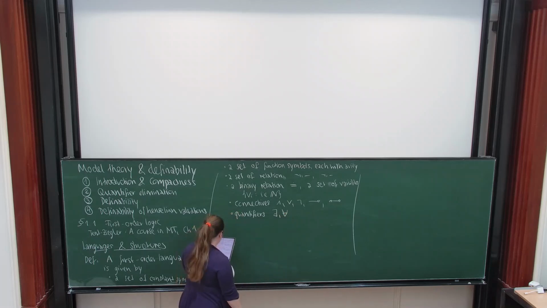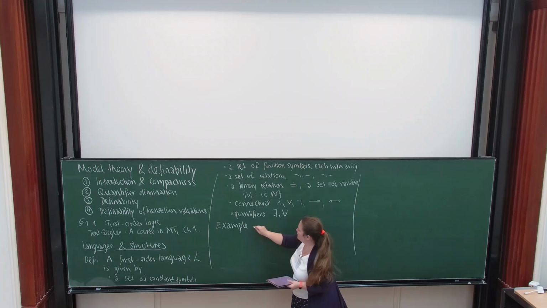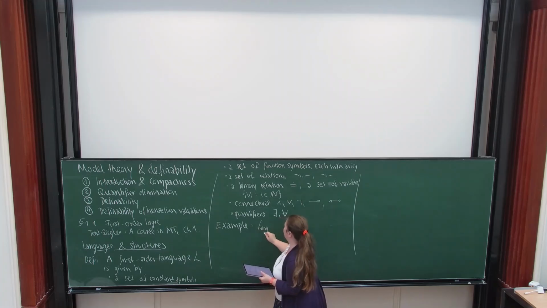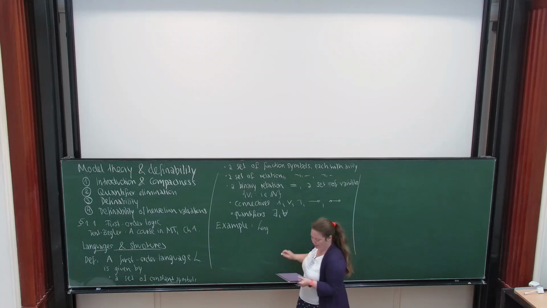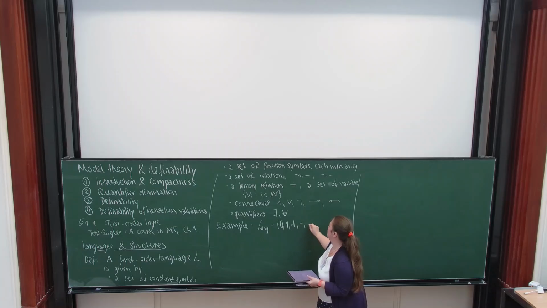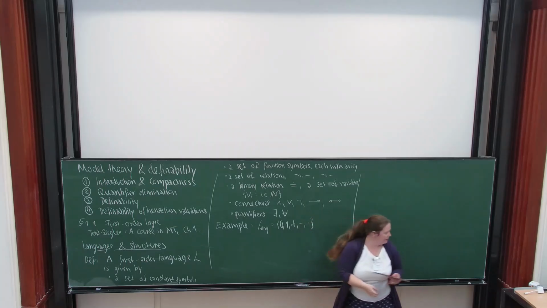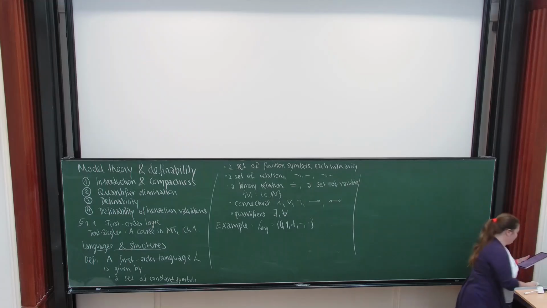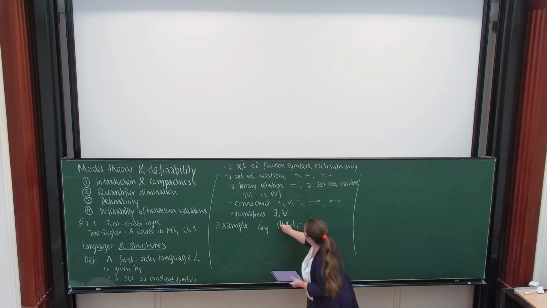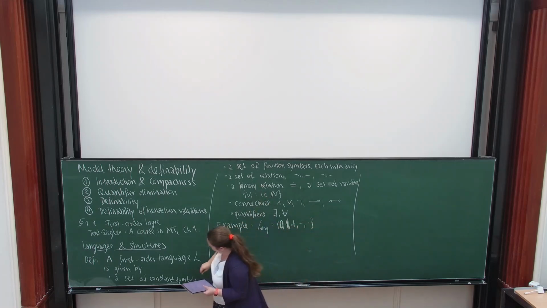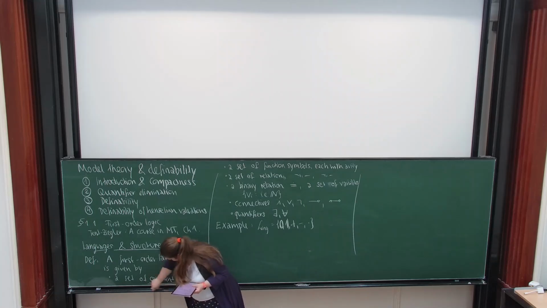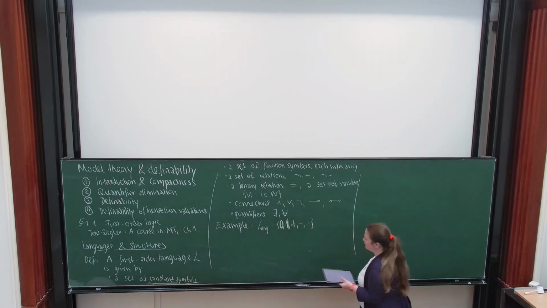Exists, for all. Okay, so my standard example, because I like fields, will always be the language of rings, well, really the language of rings with a unit, unitary rings. So this for me is 0, 1, plus, minus, and times. Let me try for colors. These are constant symbols, 0 and 1.